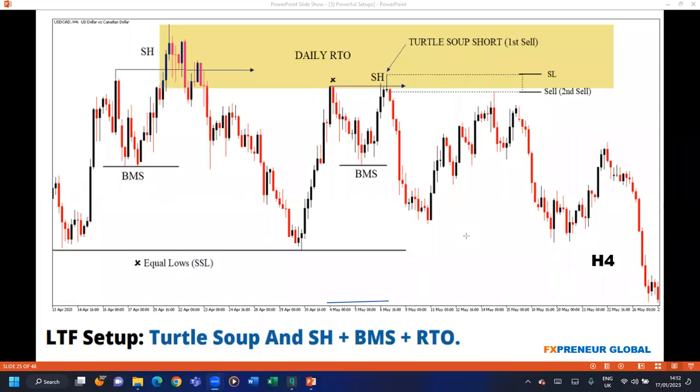What do we have? Initial high, stop hunt. All right, stop hunt, break of market structure. This low was broken to this point, which gave us equal lows. Then we return to other block.